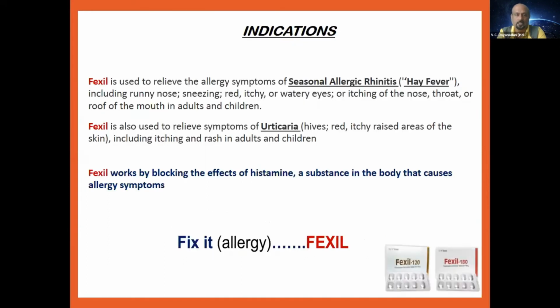We know it is widely used, especially by dermatologists, in cases of urticaria, itchy skin irritations like that. And of course, it is also recommended for allergic rhinitis, and even people who are wearing masks for a long time because of the pandemic, who are having cough or allergy because of the mask. Also, it could be considered.